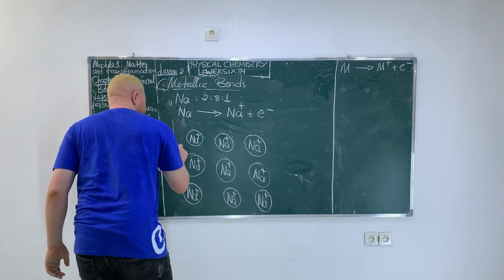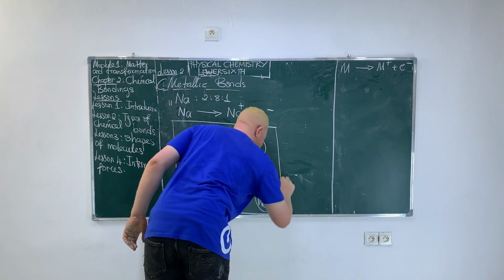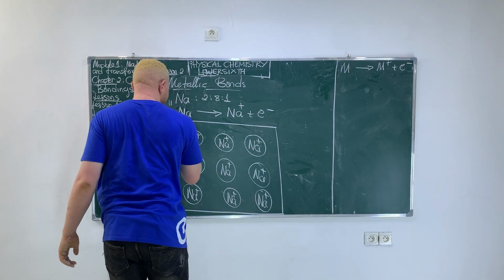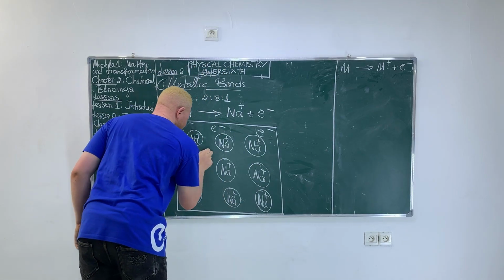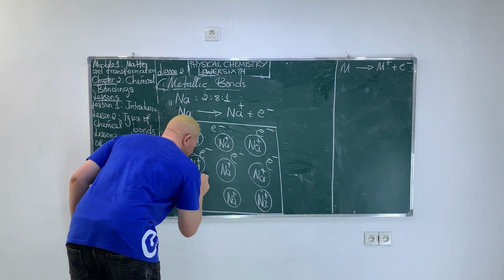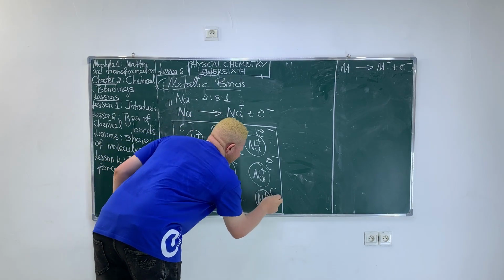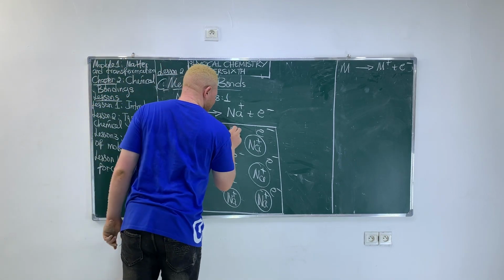So we have e minus, e minus, e minus, e minus, e minus, e minus. So that's the meaning of a metallic bond.